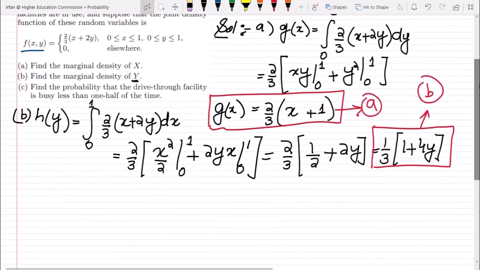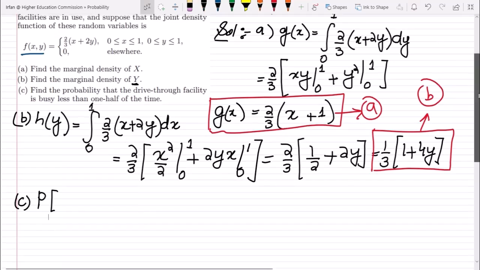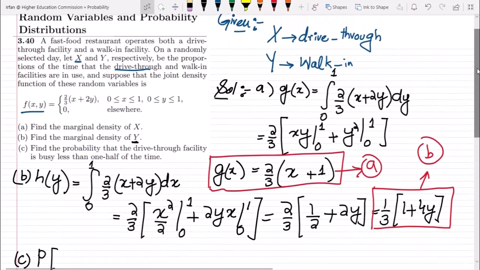Now let us proceed towards part C of this question, and we have to find the probability that the drive-through facility is busy less than 1/2 of the time. So let me see which variable represents the drive-through facility, and that is x.